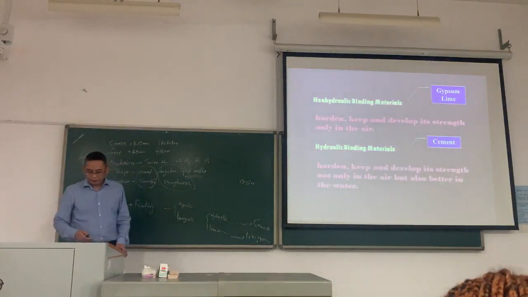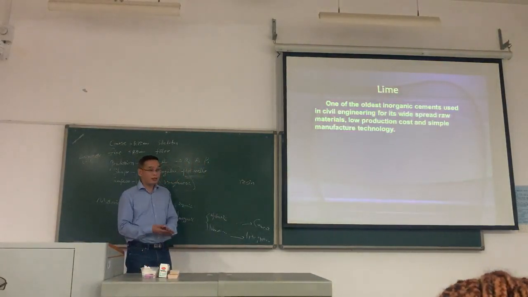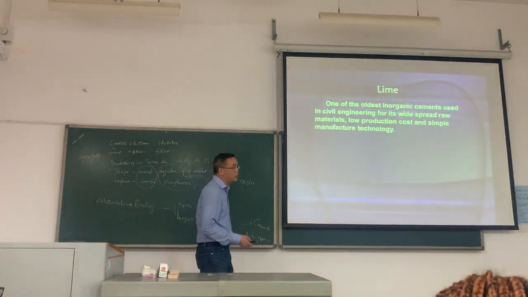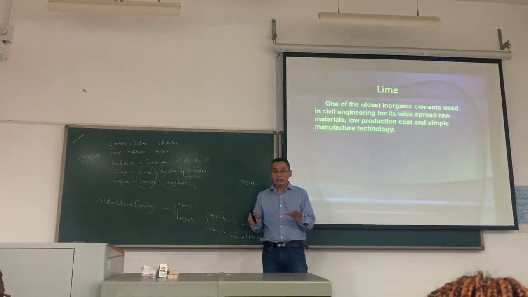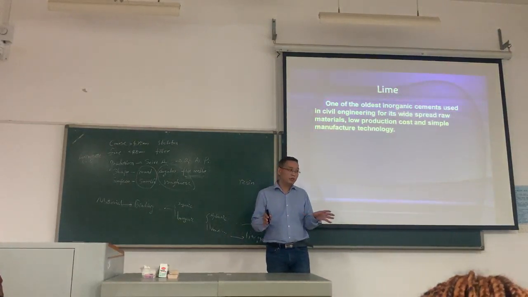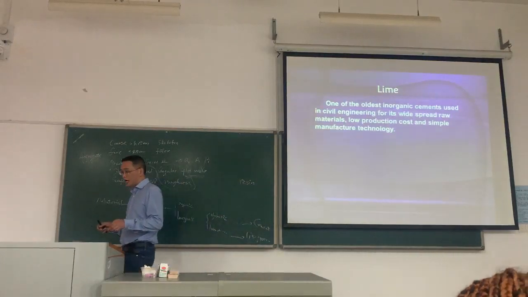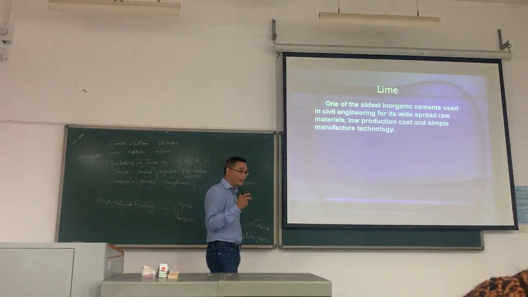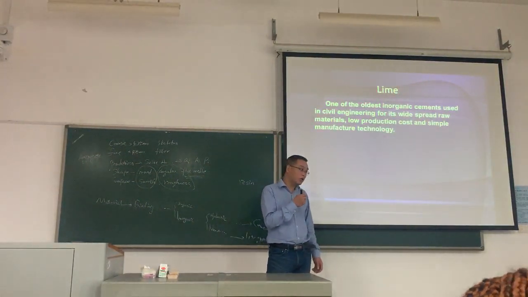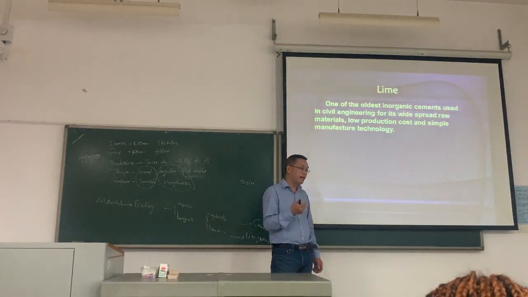So the first one we are introducing is lime. Lime is popularly used in civilization. It is one of the oldest inorganic cementing materials, because maybe 2,000 years ago we already used this kind of material for painting.